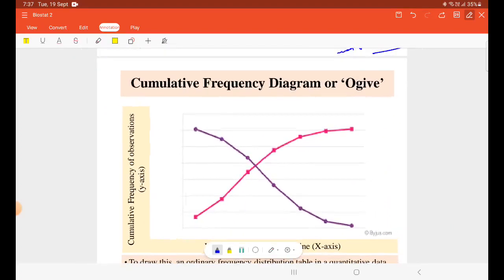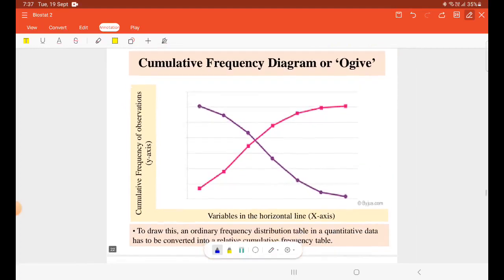So, the cumulative frequency distribution Ogive. What is that? In such graphs, the cumulative frequency of observations is plotted on the y-axis and the variables on the horizontal axis, or x-axis. So here also there is no class interval. All the observations are plotted on the x-axis.